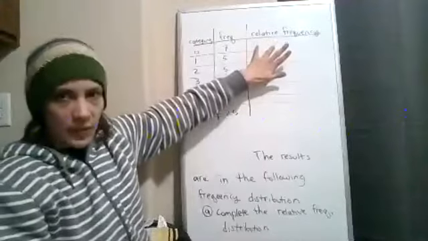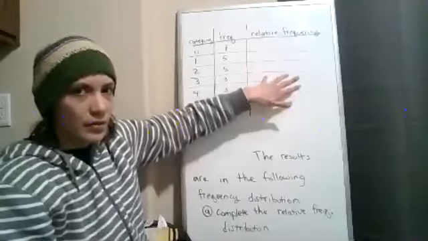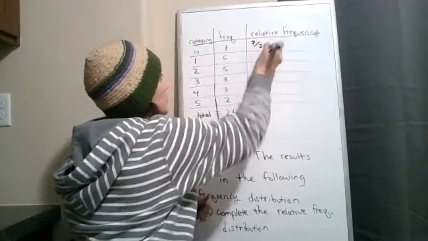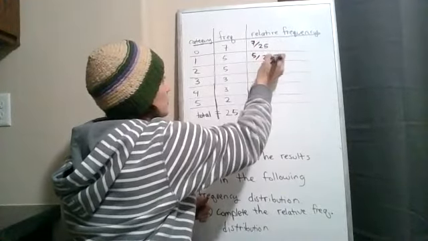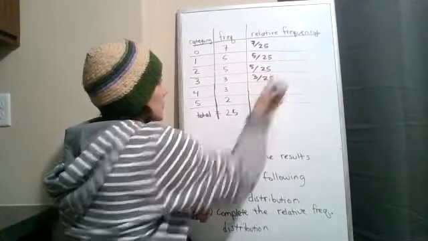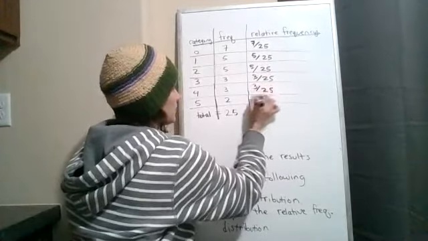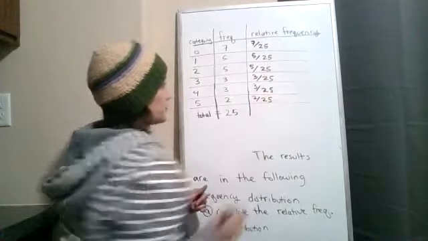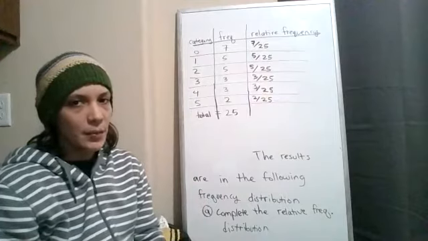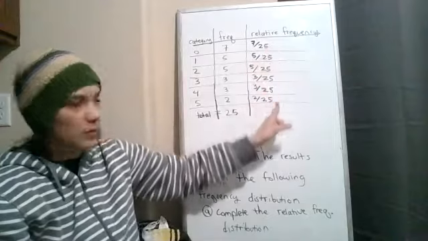So here's 7 over 25, 5 over 25, 5 over 25. Put each frequency over the total number of occurrences. Okay, 3 over 25, 2 over 25. And that would be correct, but just for adding to this problem, I did put in what all these decimal numbers are.